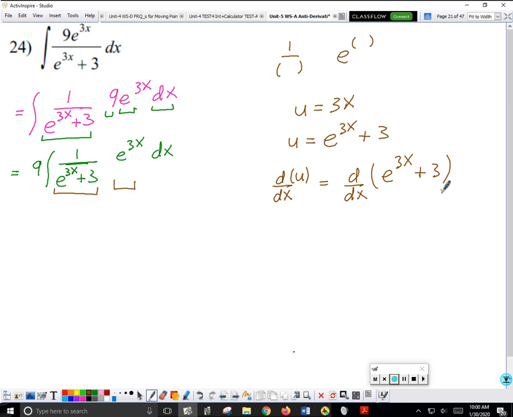So now we have to remember the derivative rules. So this becomes du over dx. The derivative of e to the something is e to that same something multiplied by the derivative of the something. The derivative of 3 would be 0.